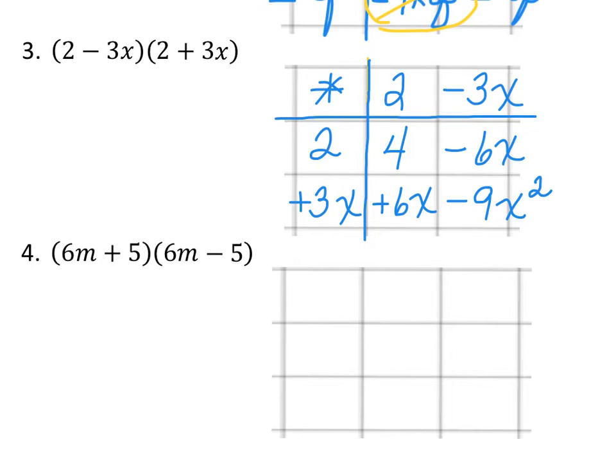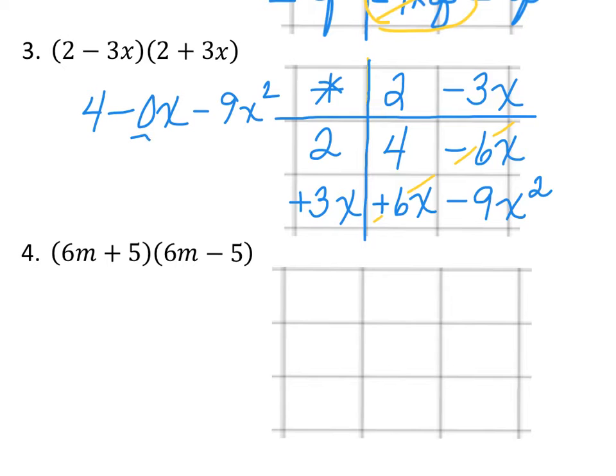And again, we look on the second and the third boxes if you're counting from the top, and we find that we have like terms, negative 6x and positive 6x, but in this case, the sum of those two terms is 0, and so our final answer actually only has two terms in it, even though it's actually 4 minus 0x or plus 0x, whichever way you'd want to write it, minus 9x squared.